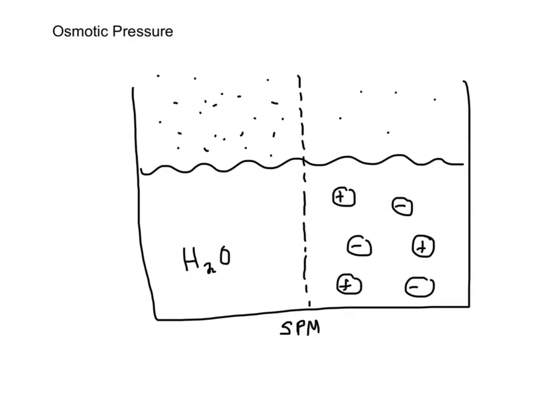Remember we talked about vapor pressure, and vapor pressure lowering. In the middle here, I've got my semi-permeable membrane. Here I've got water, and over here I've got a solution. If you remember, the vapor pressure above the solution is less than the vapor pressure above the water.